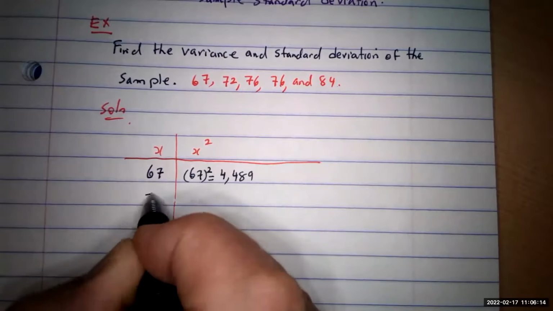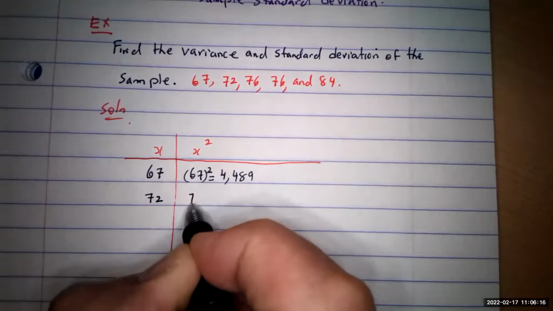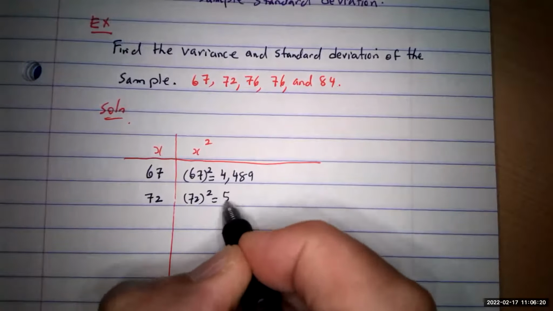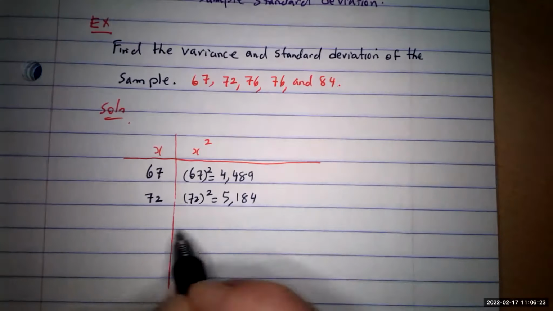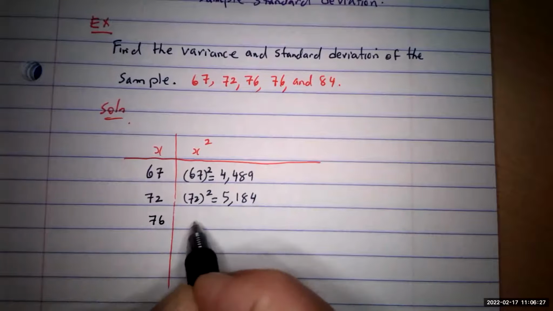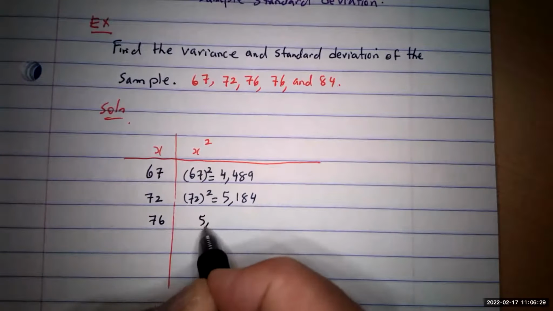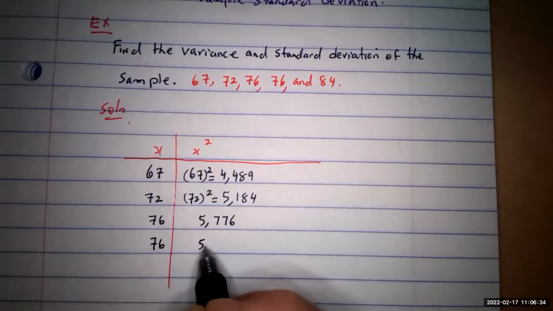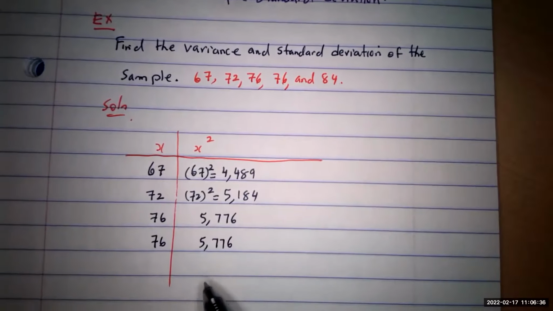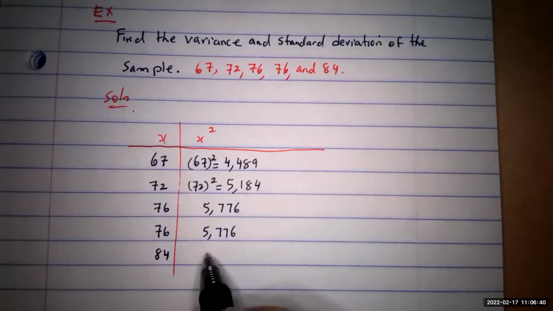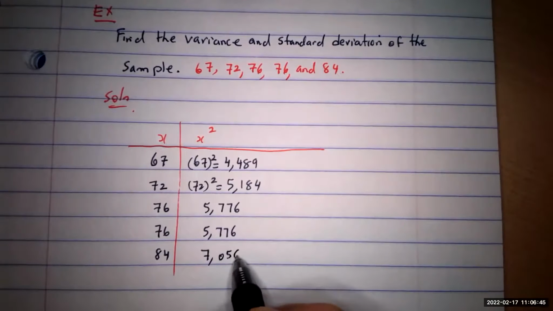And then we continue. 72 squared would be 5,184. 76 squared would be 5,776. We have another 76, 5,776. And then we have 84, and if you square it, that gives 7,056.